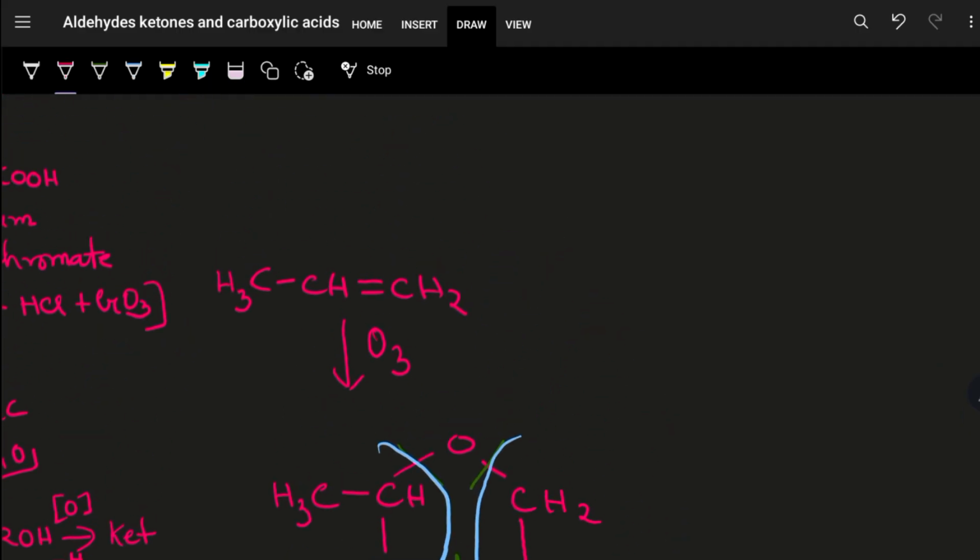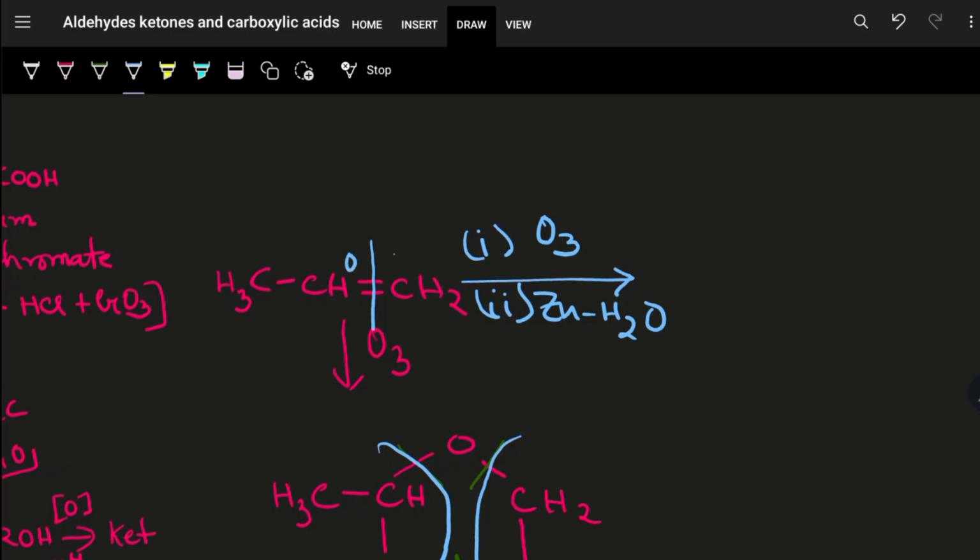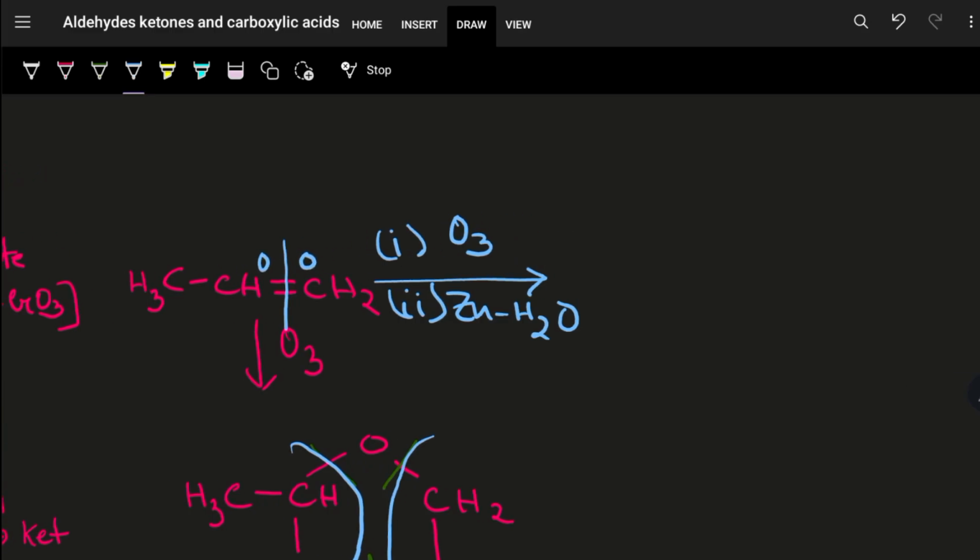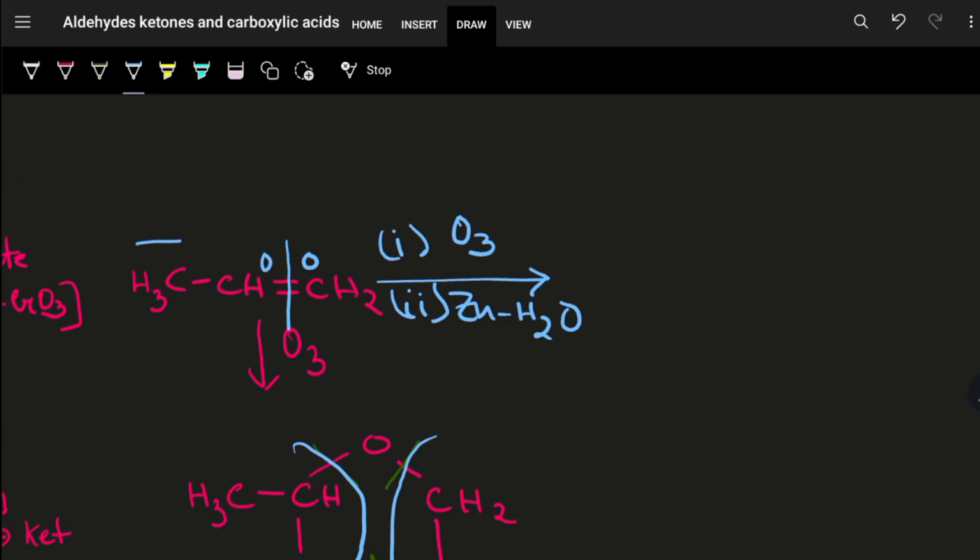Now when I write the ozonolysis product, if I want to write it directly, then what will I do? I will write number 1 O3 and then number 2 Zn/H2O, and then I have to add oxygen on both sides of the double bond. So when I'm adding oxygen, this is CH3CHO, and the carbon oxygen bond is formed by a double bond, and this is CH2O.